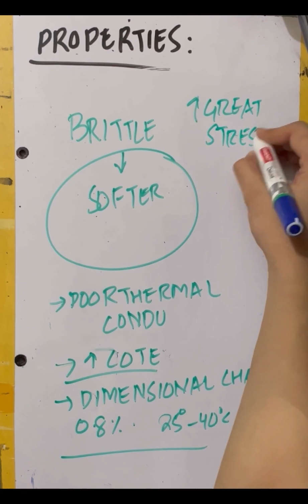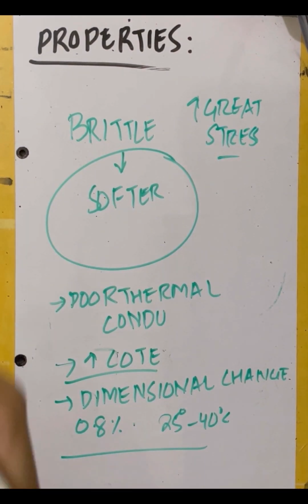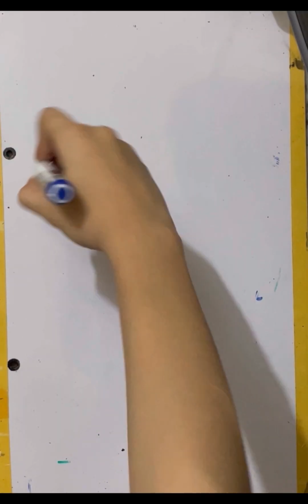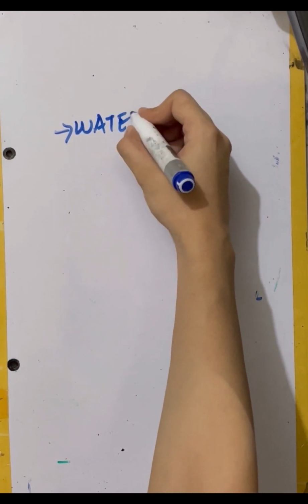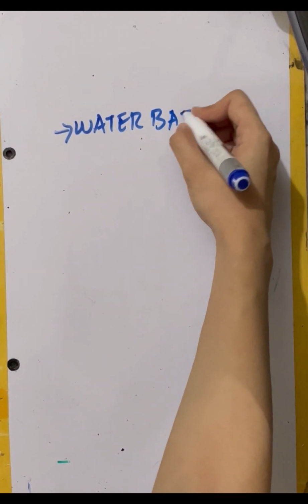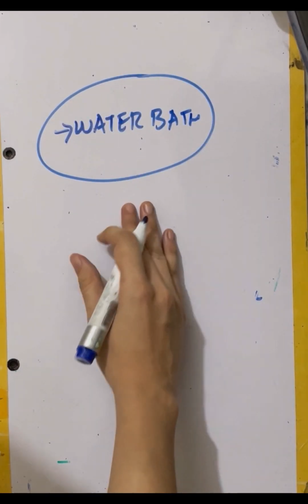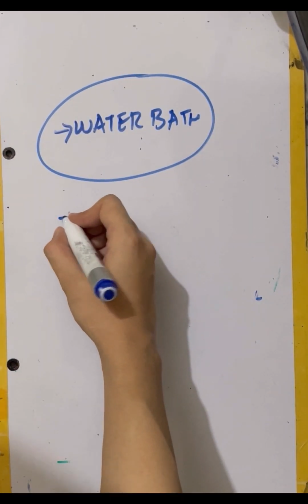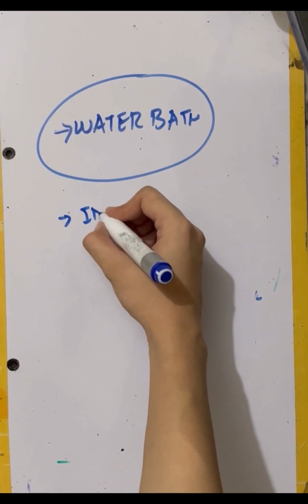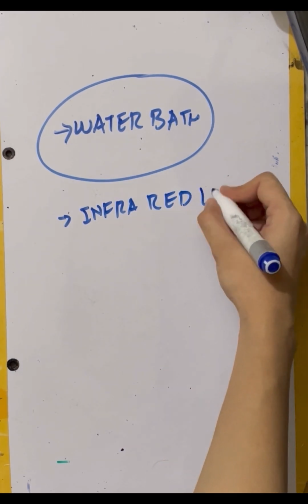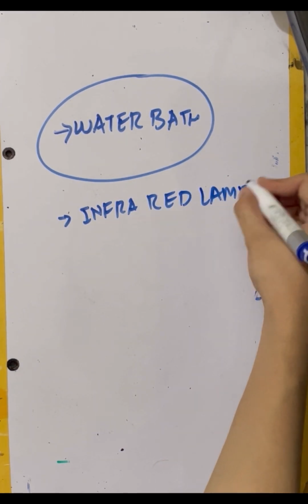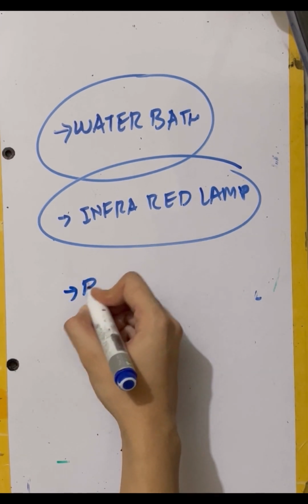There are different methods to soften the wax. The first is a water bath. The water bath basically provides regular softening. The second is an infrared lamp. The third is a Bunsen burner.